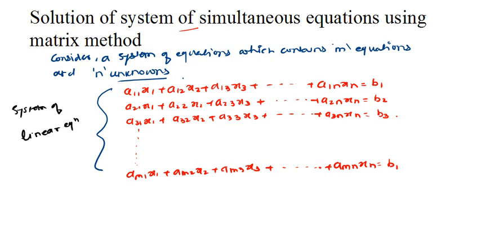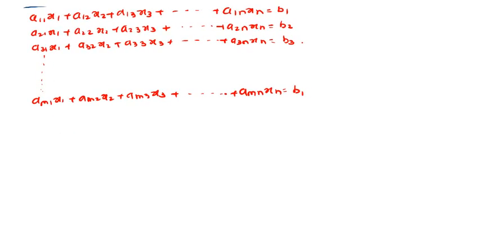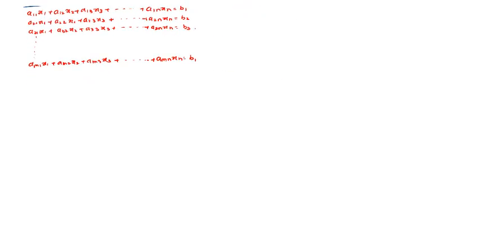So what we will do, we will try and convert this system of linear equations into matrix form. Okay, so to convert the given system into the matrix form, we will consider the matrix. Firstly we will consider the matrix of coefficients, and that matrix will contain those terms a11, a12, a13 up to a1n.